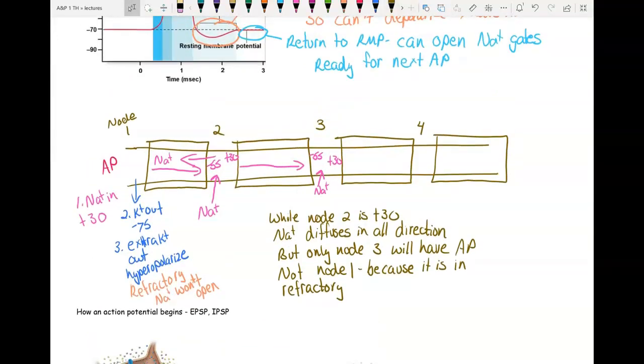This continues. So now, while node 3 is having an action potential, you've got your potassium coming out, then you have your extra potassium coming out, and then this one goes into refractory. So while node 3 is having action potential and sodium is diffusing in all directions, node 2 is having refractory.